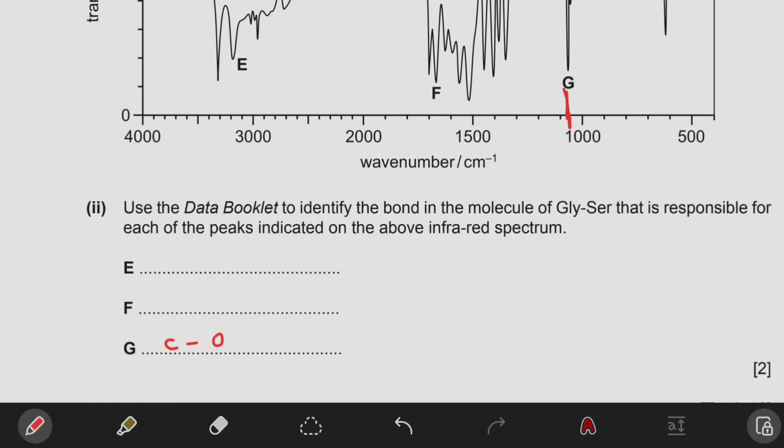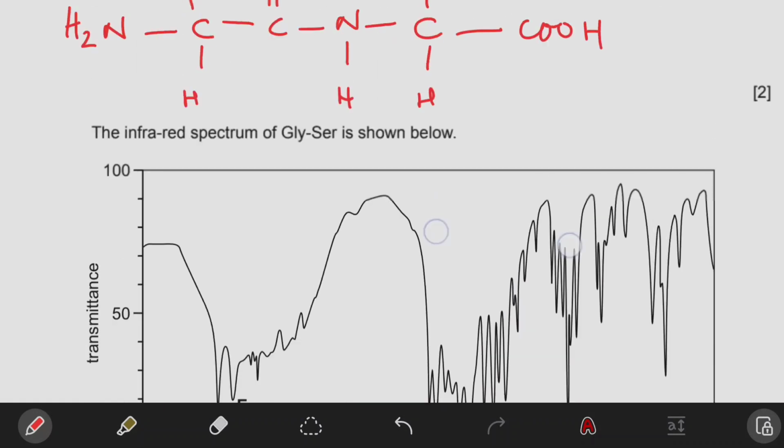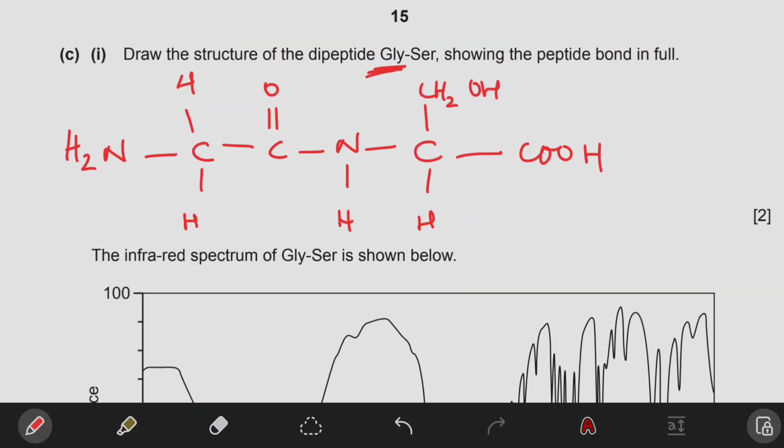Okay, let's look at F. It is somewhere around 1650, I guess, and that's okay, so that's definitely, to go back to your structure for the dipeptide, there is a carbon oxygen bond, yes, and it is over here.